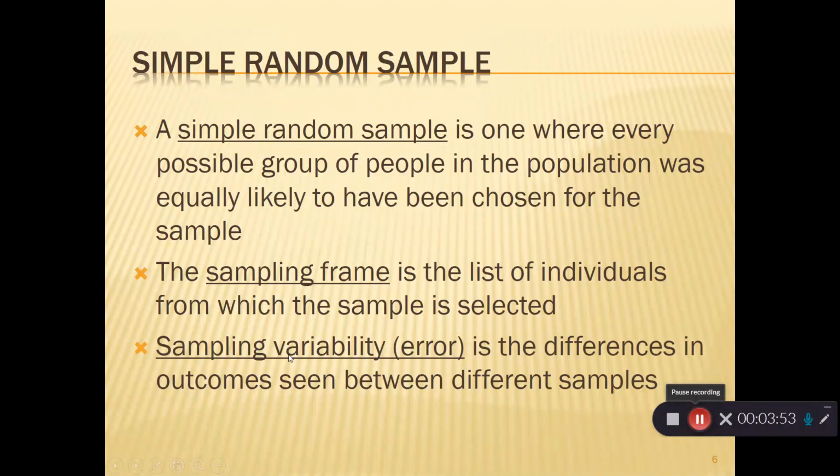Now, sampling variability or sampling error is the differences that we will see among results from different samples. Think about it this way. If I asked you and 3 other classmates how much time you spent studying for the exam, your average together would probably be one value.